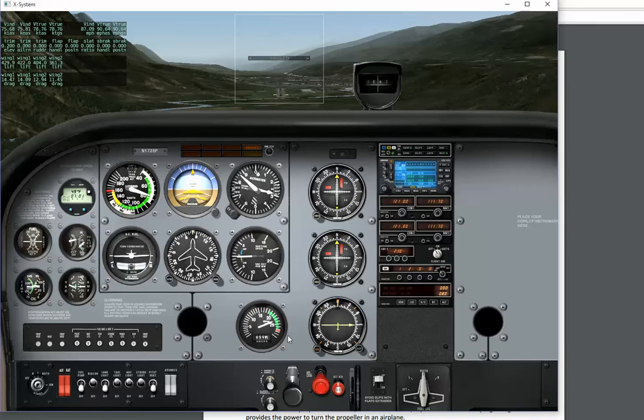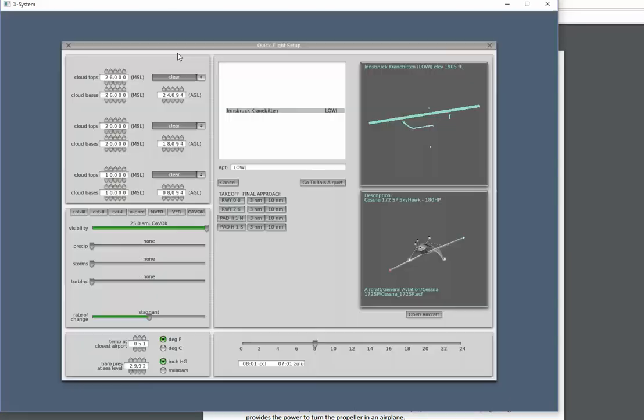When I say 3 nm, when you go to the Lowy Airport right here, underneath final approach, you'll see 3 nm and 10 nm. Next to RWY08, you want to click on 3 nm so that we're close to the airstrip so we can land.